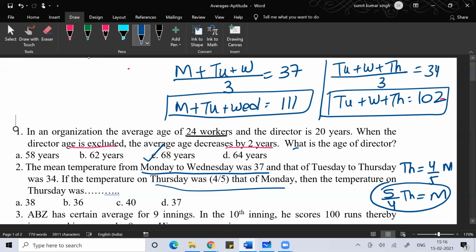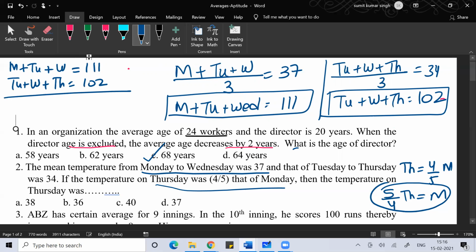If you subtract equation 2 from equation 1: Monday plus Tuesday plus Wednesday is 111, Tuesday plus Wednesday plus Thursday is 102. Now if you subtract, Monday minus Thursday is equal to 9.